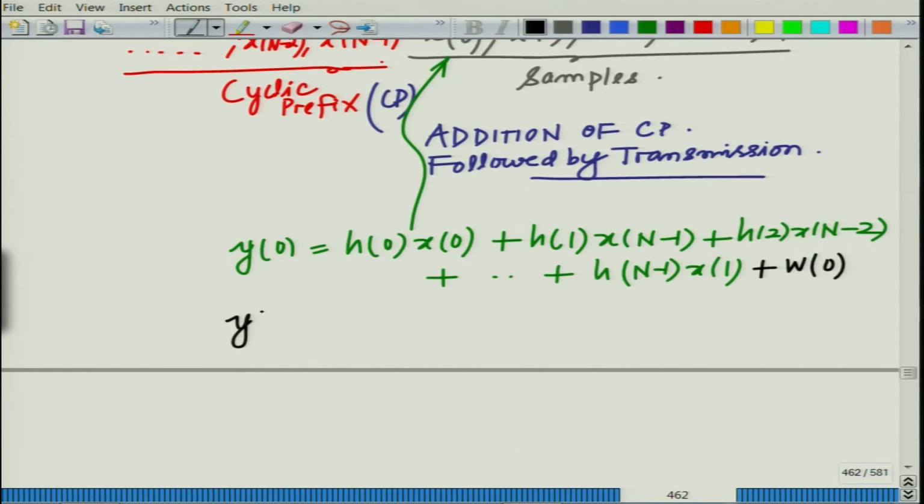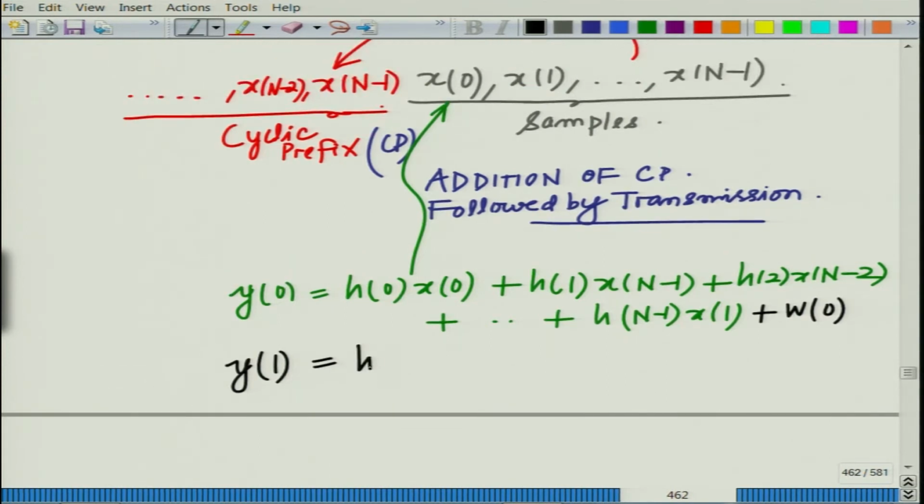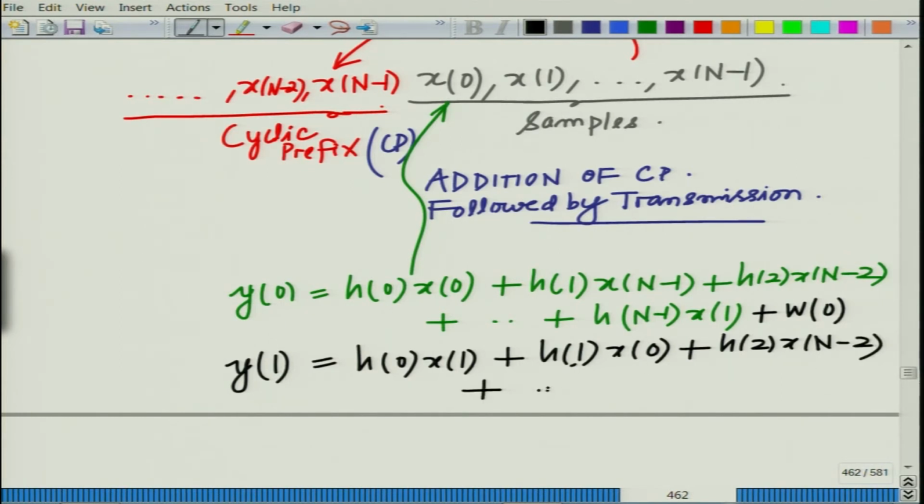Now, let us write one more, y1, corresponding to the next point. y1 equals h0 times x1 plus h1 times the previous symbol, which is x0, plus h2 times xn minus 1, that is the previous symbol to x0, plus so on, hn minus 1 times x2, plus w1.